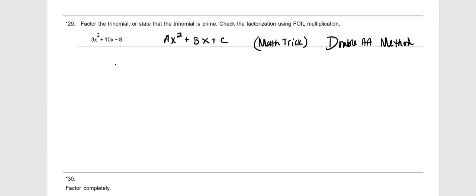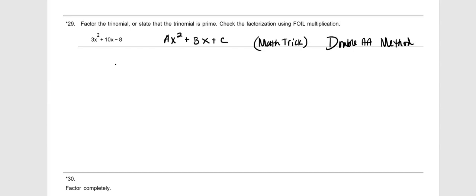So I'll illustrate that method in this video, since your MyLab and my previous videos in Blackboard cover the AC method, which is a version of the grouping method. So I'm going to go through the double A method in this video.